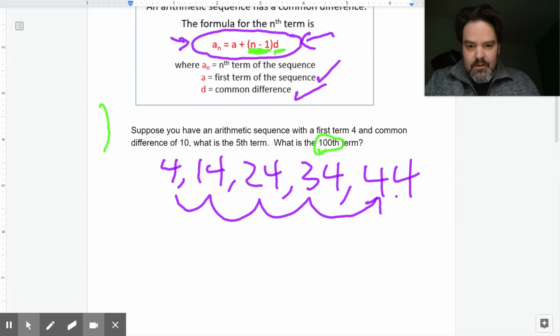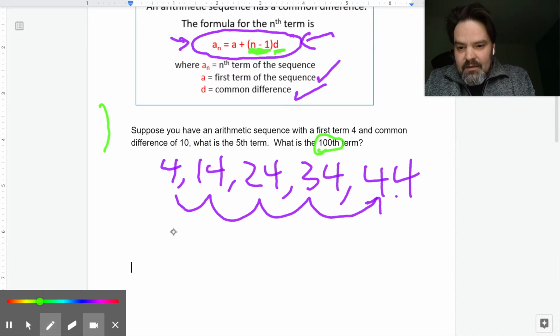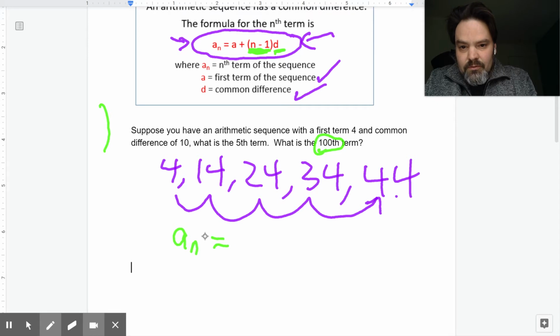So for example, if I'm going to use this formula where I have a sub n, the nth term is equal to, according to my formula, the first term. A is the first term, so 4, plus then n minus 1.